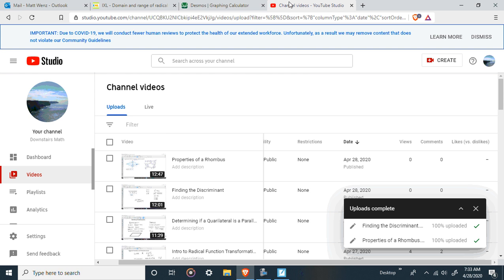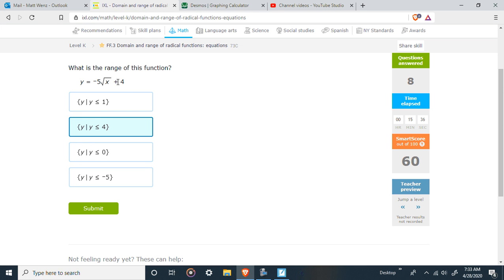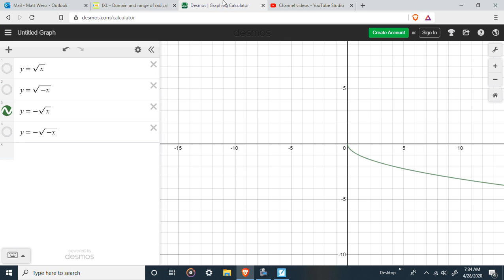For my y values, I'm just looking for this number right here. Now the question is, is it everything from that number up or from that number down? In this case, because we flipped it downwards, it's going to be everything below that. So it's going to stop at 4.